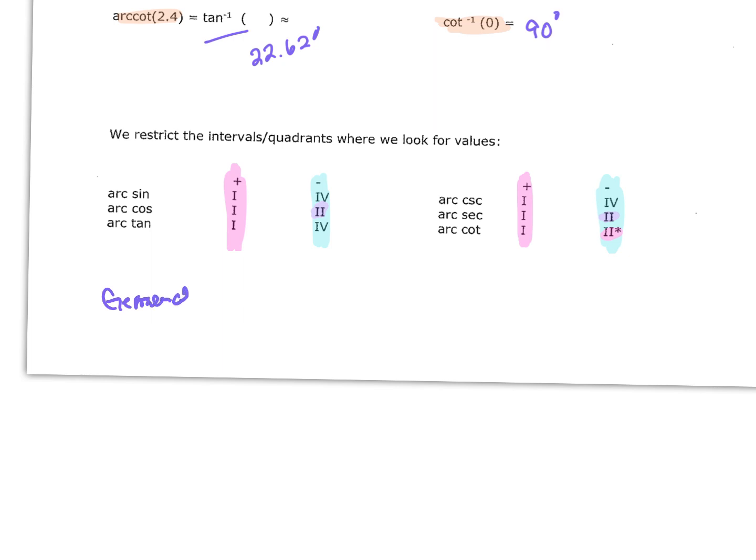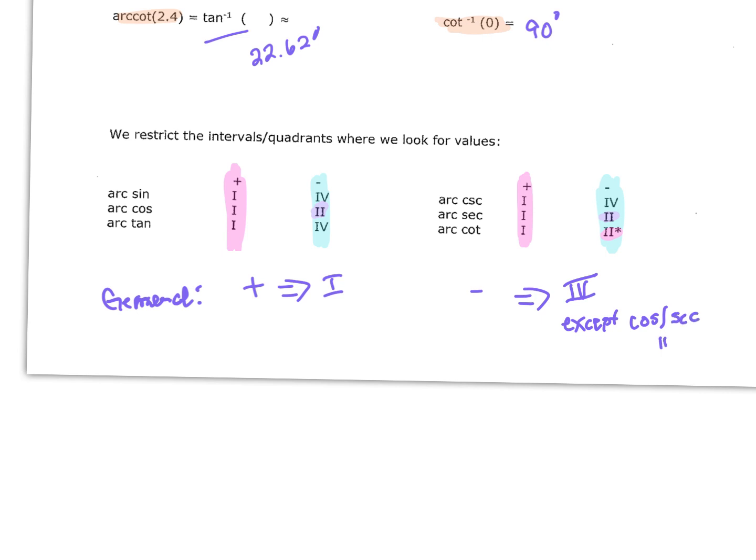So in general, if we are looking for an inverse of something positive, we're always going to look in quadrant 1. If we're looking for a negative value, the general rule is that we look in quadrant 4, except for our cosine and its reciprocal.